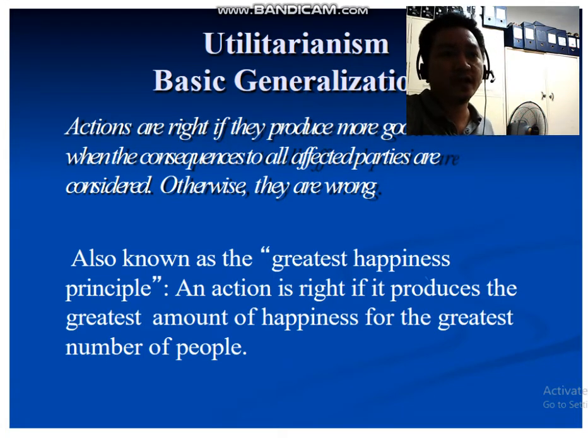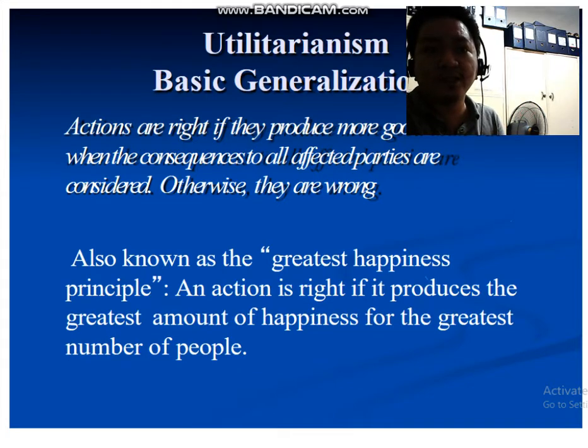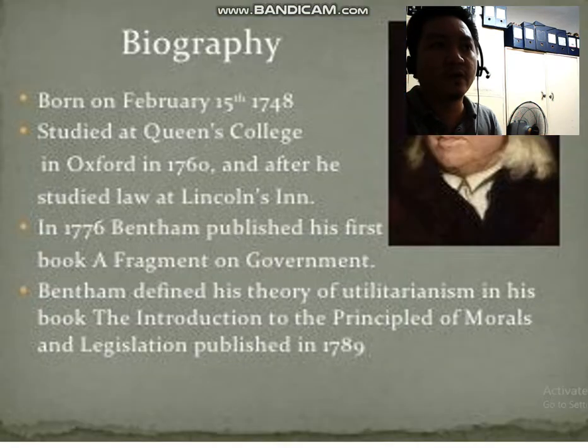An action is right if it produces the greatest amount of happiness for the greatest number of people. There is a degree to which you should attain, to the extent that it will be maximized to a greater number of persons, no?